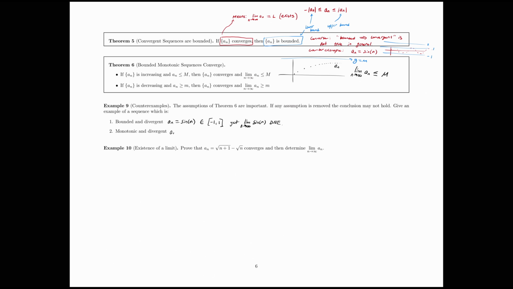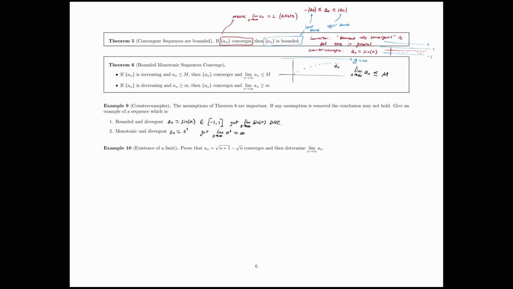So we could do a sub n equals n squared. Or let's do n cubed. Doesn't matter, but we'll just say n cubed. Well, this is clearly monotonic. We just talked about that a moment ago. Yet the limit as n goes to infinity of n cubed equals infinity, which is not a real number, therefore the limit doesn't exist, therefore the sequence diverges.